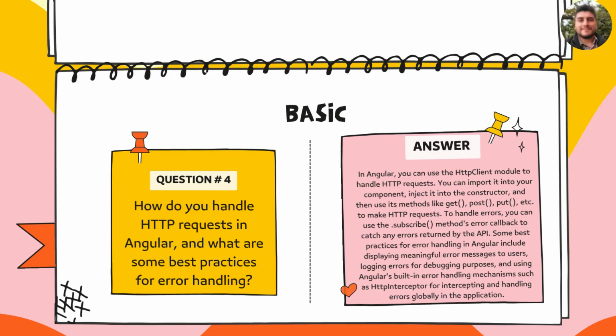Well, the possible answer to this question is, in Angular, you can use the HttpClient module to handle the requests. It's important that you inject it into the constructor and use methods like get, put, and others to make HTTP requests. To handle errors, you can use the subscribe method with an error callback to catch any errors returned by the API.